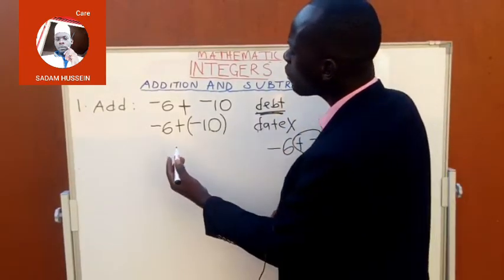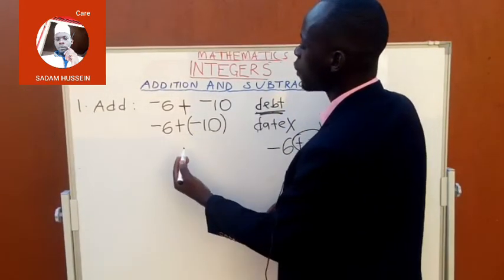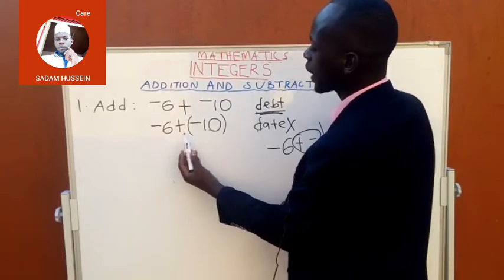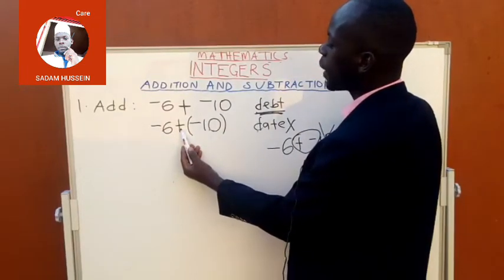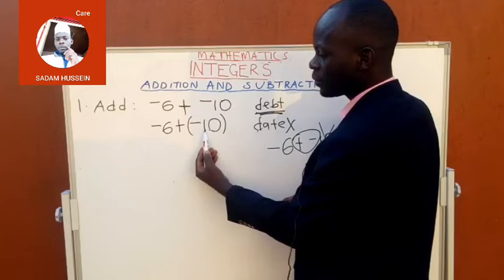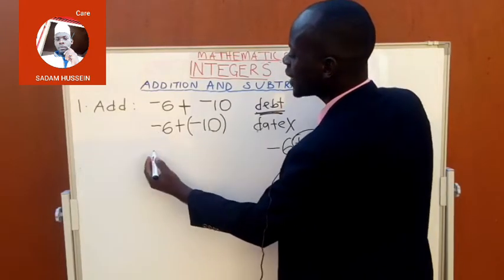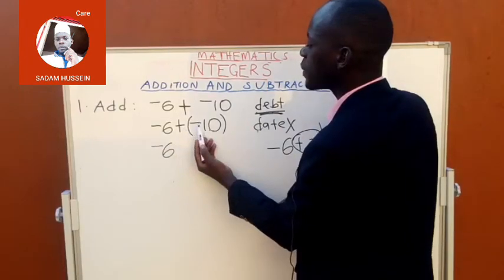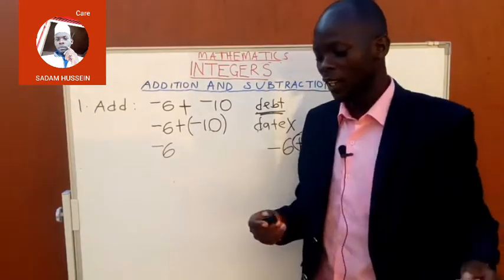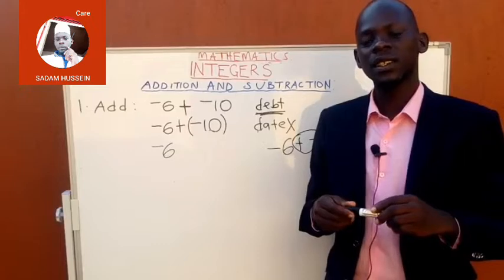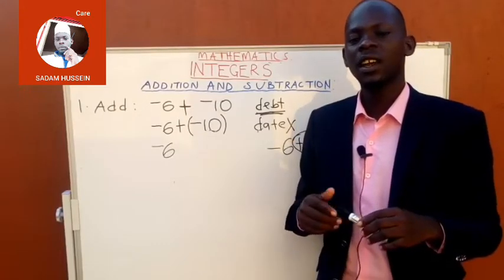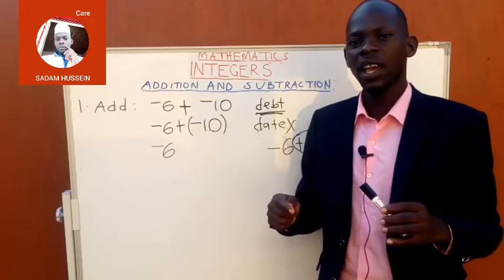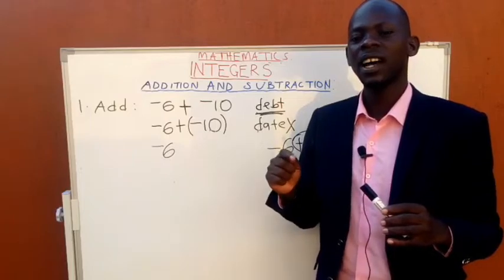So, you have a debt of 6 and you are adding a debt of 10. The plus sign outside the bracket will be multiplied by whatever is in the brackets, such that this negative 6 remains standing. Then this positive times negative: remember, multiplying similar signs gives us positive, and multiplying different signs gives us negative.